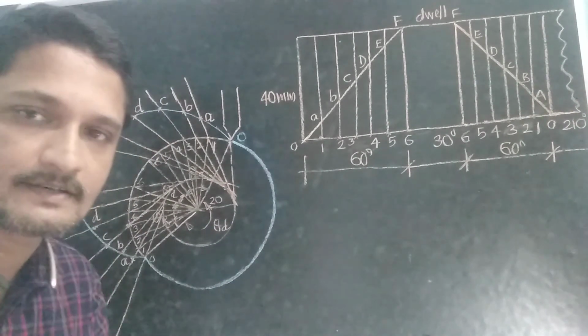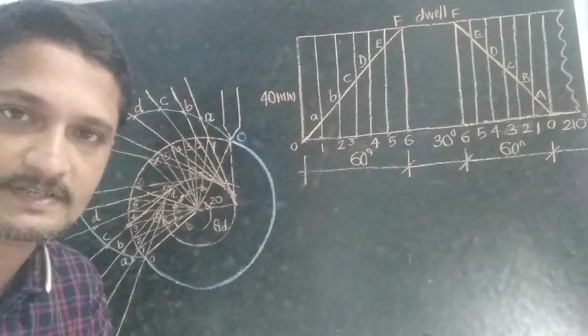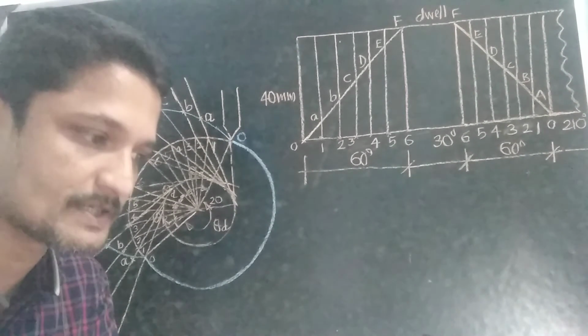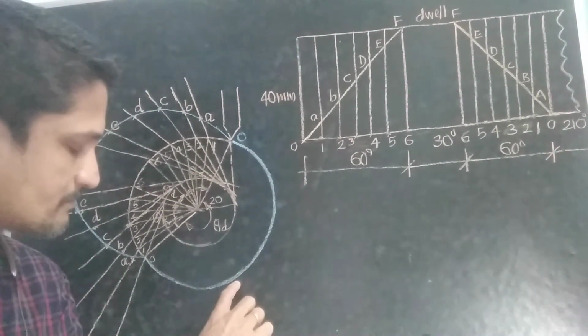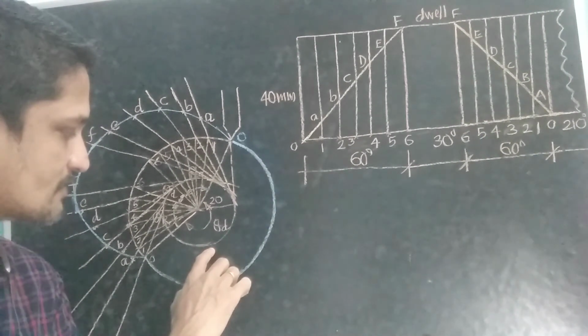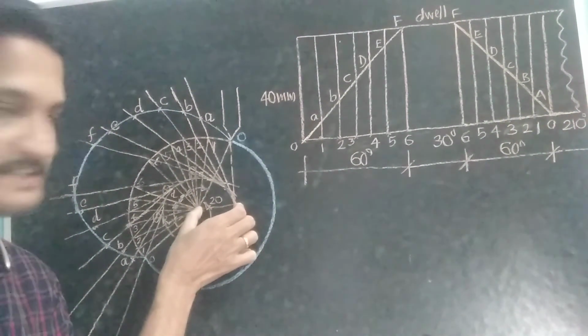Okay, this is the answer for the second part of the previous question. This circle is known as the base circle, and this circle is known as the offset circle, and this distance is equal to the offset distance.